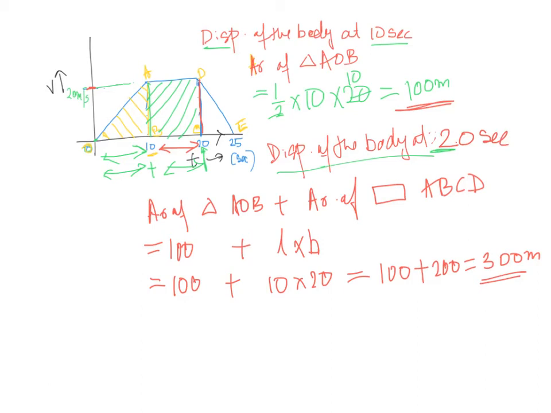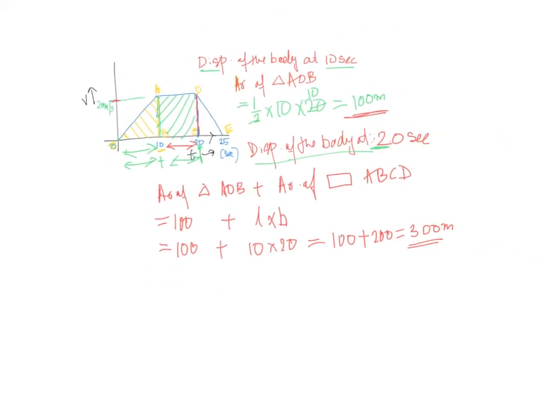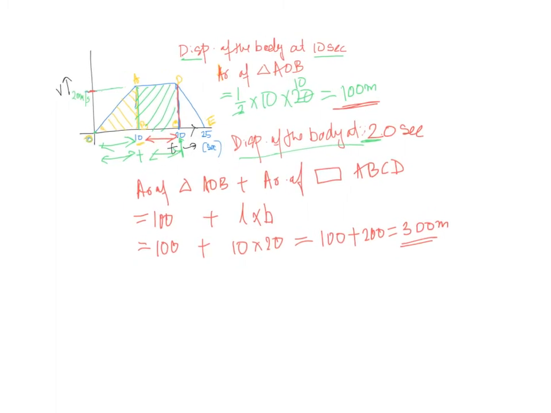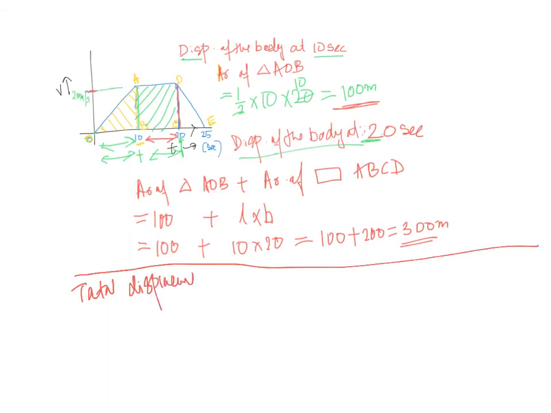Now, if anyone asks you what is the total displacement of this body during this motion, how do you find it? Total displacement is nothing but the area of this total curve.